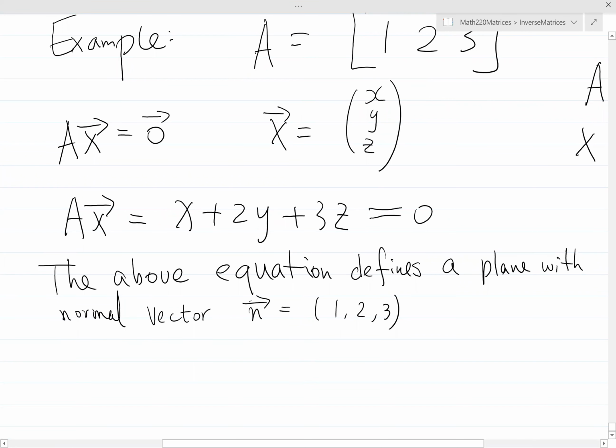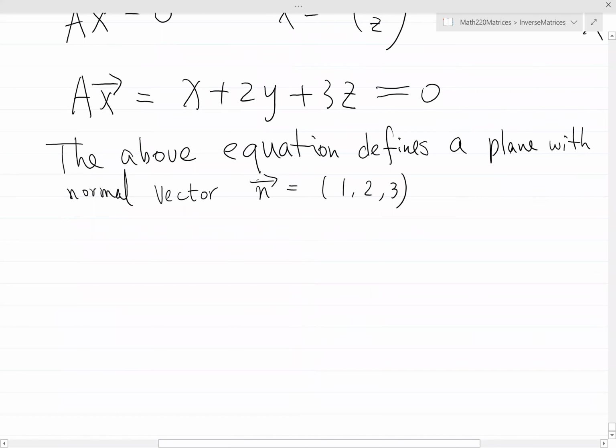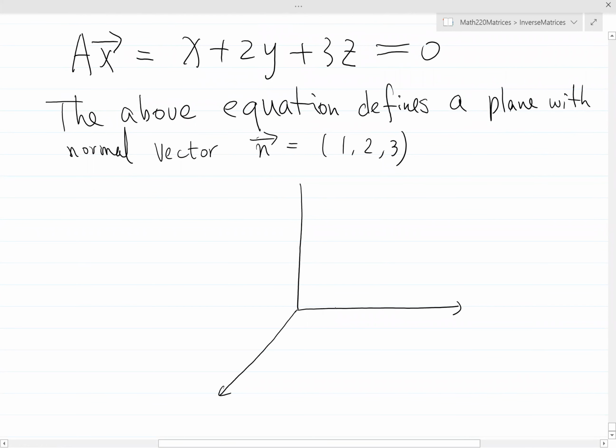If we plot the vector 1, 2, 3, with x as 1, y as 2, and z as 3, this is the normal vector. It should be in this direction.